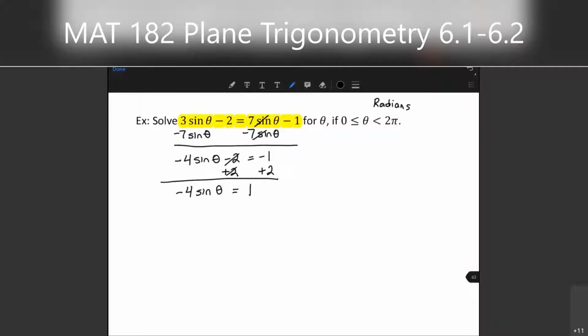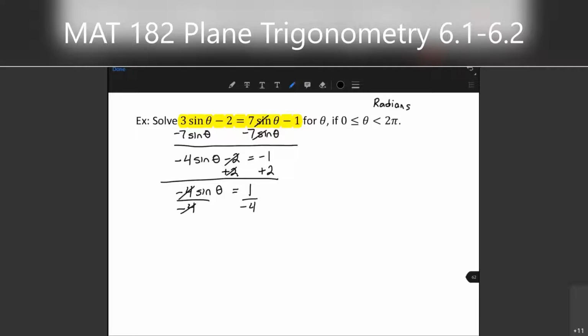Yeah, in this case, we'd want to divide by the negative on both sides. So -4 divided by -4, we get our sine of theta. So here we have sine of theta equals 1 over -4.